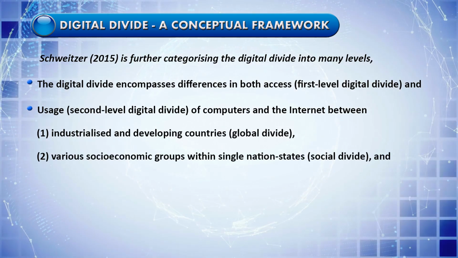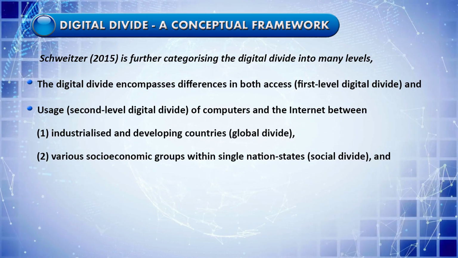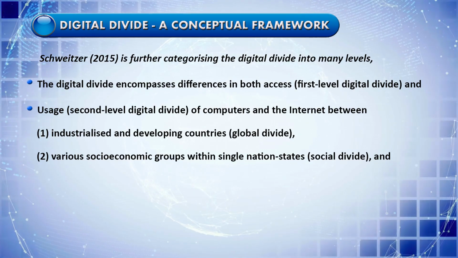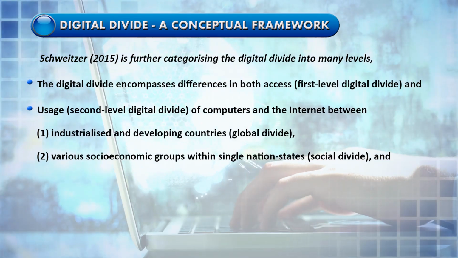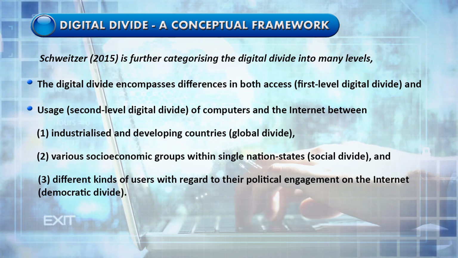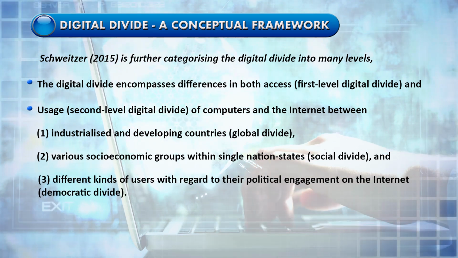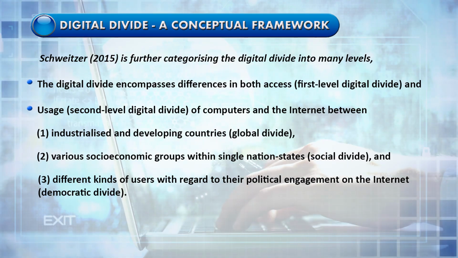Under the second level divide, we can see various socio-economic groups within a country also having inequality in access to the internet. We can call that a social divide. The third kind of divide under the second level is different kinds of users with regard to their political engagement on the internet.